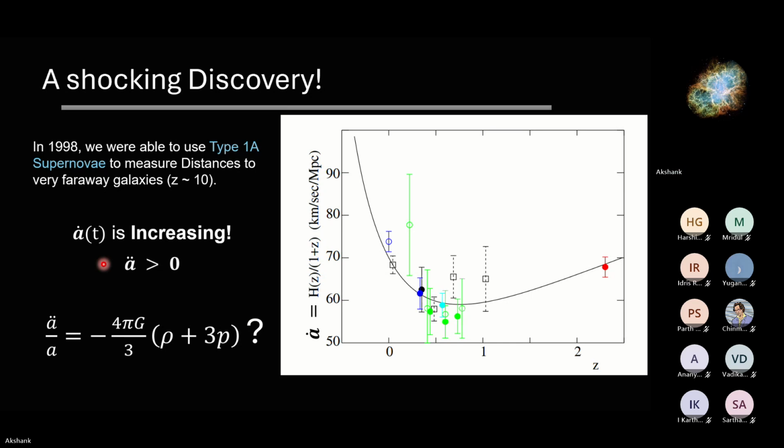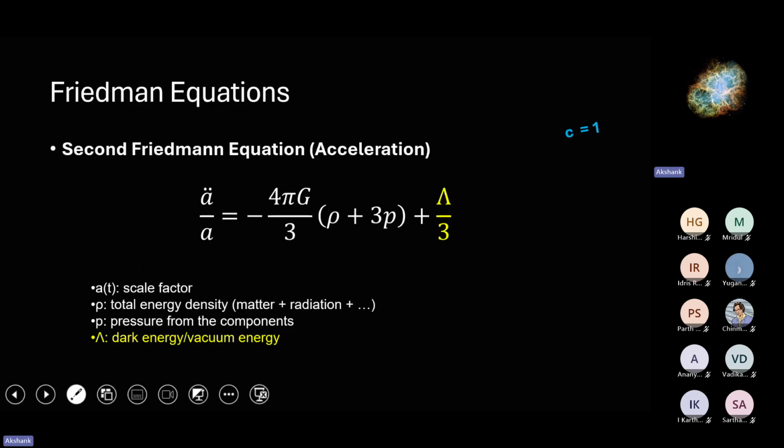This A double dot should be positive. How do we make that positive? We add an extra term here at the end. Now this extra term is called the cosmological constant. This capital lambda is called the cosmological constant, or your dark energy. So the rest of the equation remains the same.